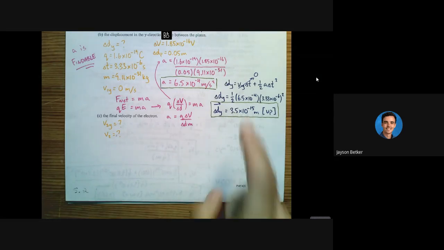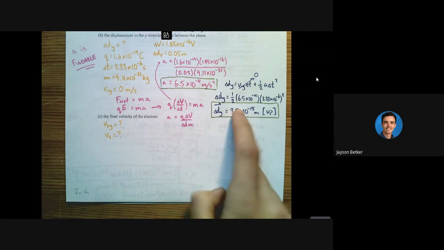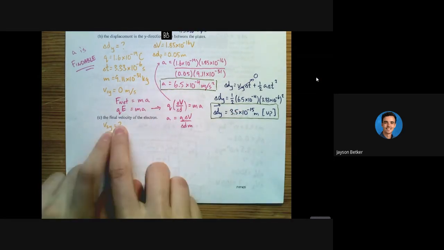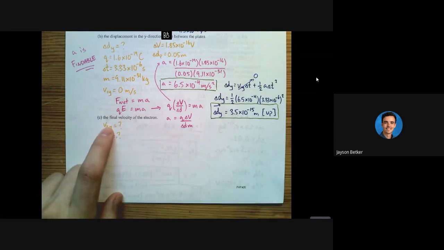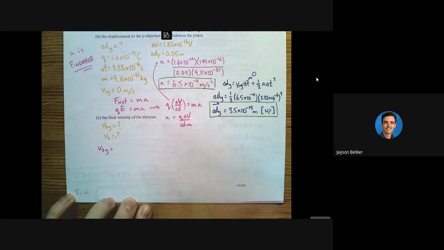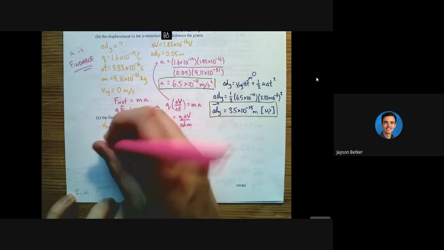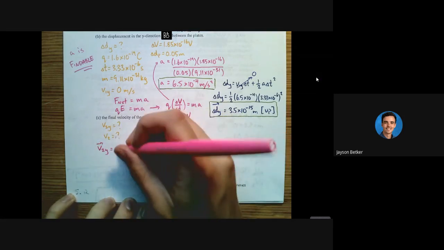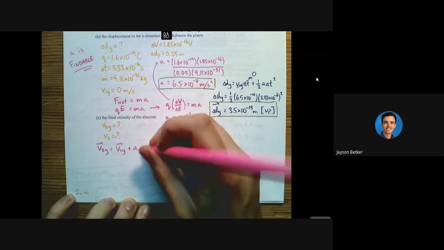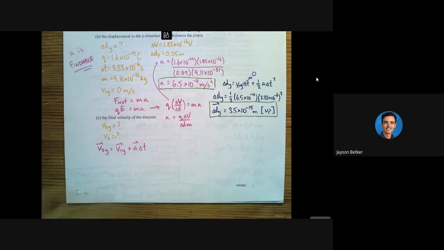Now that we know delta dy, and now that we know a, we can do another kinematics formula to find V2y. I know it's been a while since we've had kinematics, but we have seen these a lot. V2y is equal to V1y plus a delta t. Seen that one before.